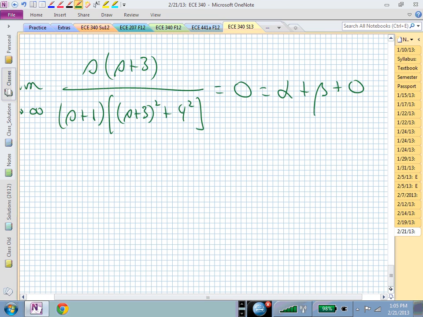This gives me a way to pretty quickly find beta. Beta is just minus alpha, and alpha was 1/10, so beta becomes minus 1/10. Now I have two of the three partial fraction expansion coefficients. I have alpha, I have beta. Now I need to get gamma.